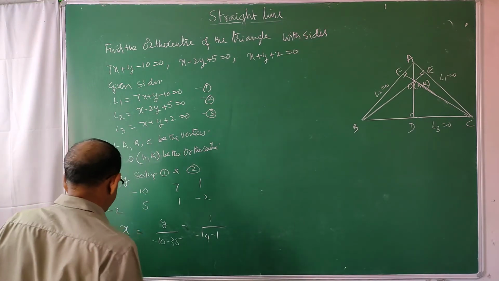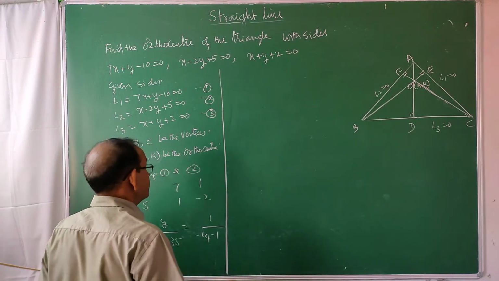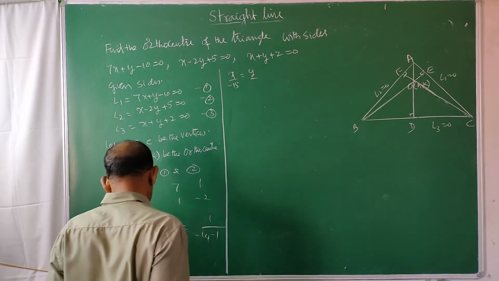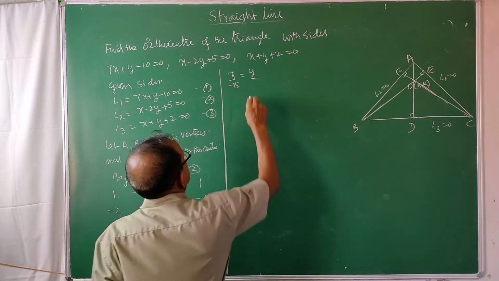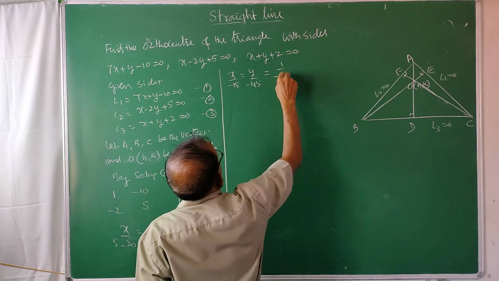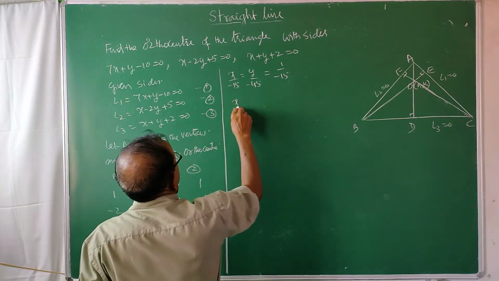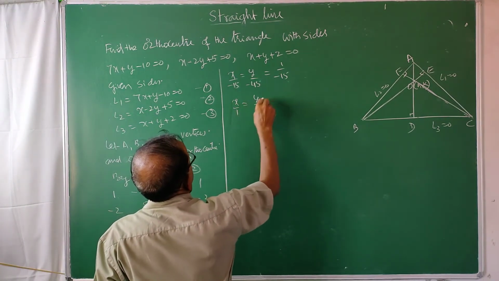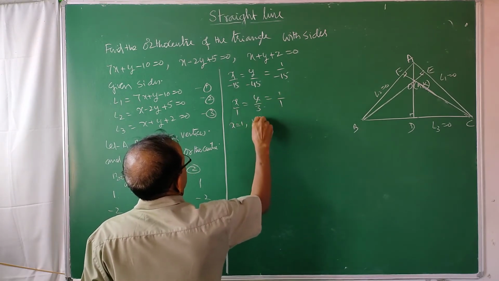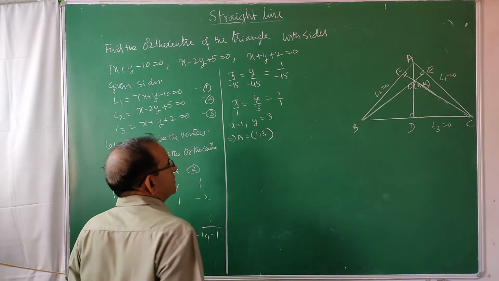So x by minus 15, y by minus 45 is equal to 1 by minus 15. We can cancel minus 15 in all the three terms. So x by 1 is equal to y by 3 is equal to 1 by 1, that is 1. So x is equal to 1, y is equal to 3. So A is equal to (1, 3). We have got the coordinates of A.